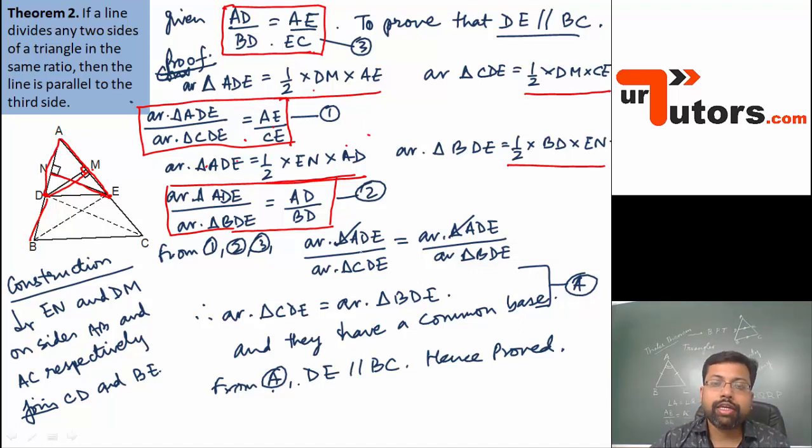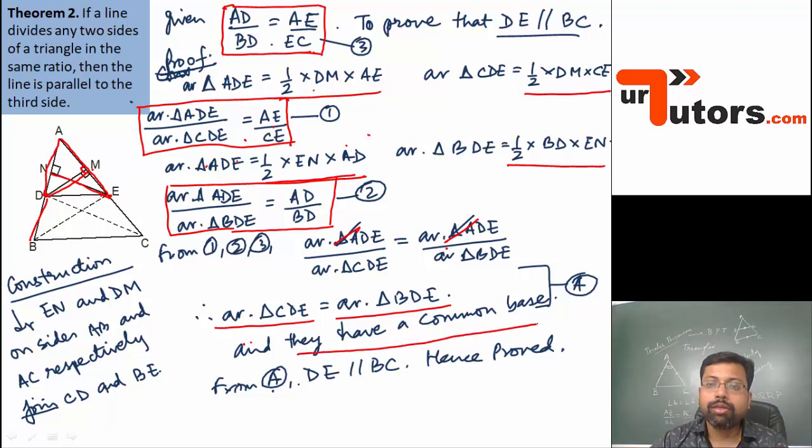Thus we write area of triangle ADE by area of triangle CDE equal to area of triangle ADE by area of triangle BDE, which are the two respective left hand sides of the equations 1 and 2. The numerators are the same, so they cancel out straight away, and we get area of triangle CDE is equal to area of triangle BDE.